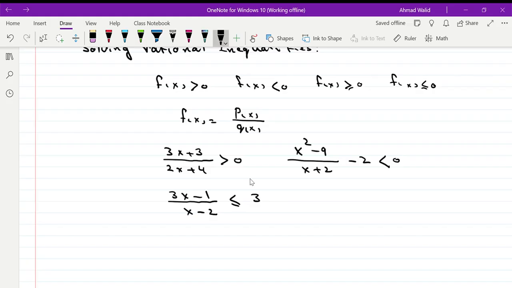Now, which steps you should take to solve a rational inequality? Steps are the same as we discussed to solve a polynomial inequality. We do all those 4 steps also to solve rational inequality. There is something else that I will discuss here with you.